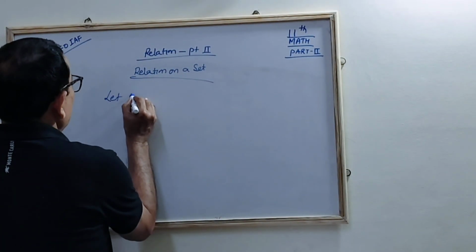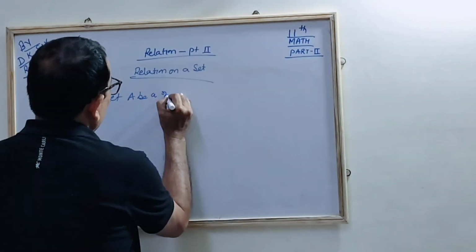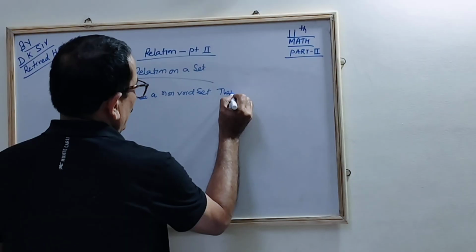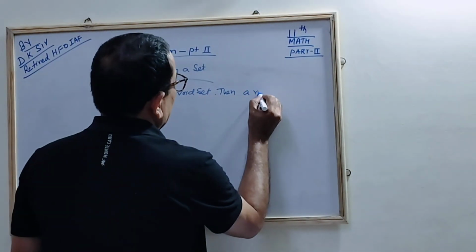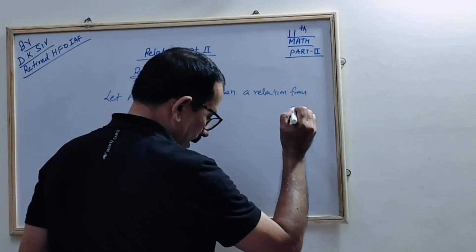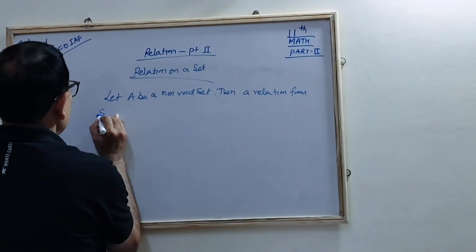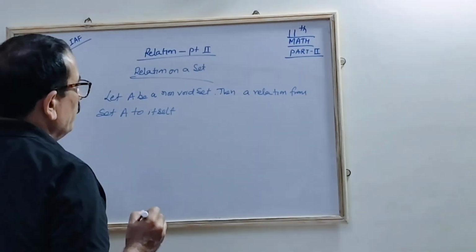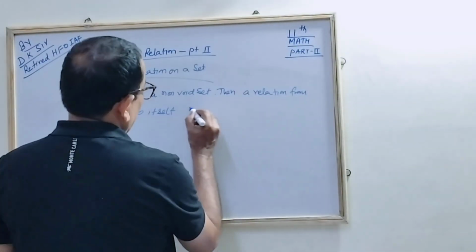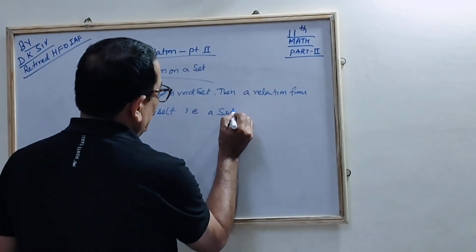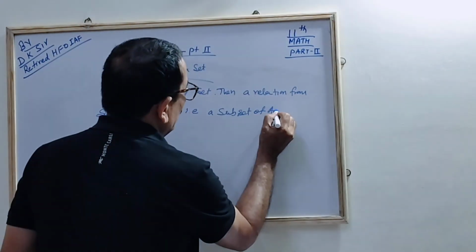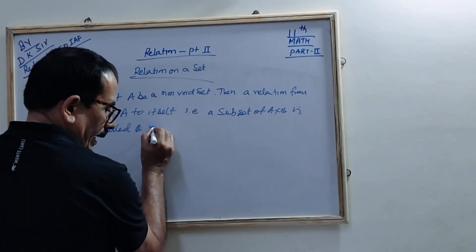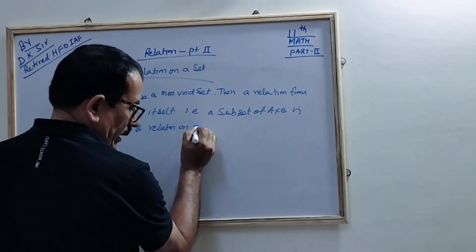Suppose A is a non-void set, then a relation from set A to itself, because there is no other set, you can say is a subset of A cross A, and it is called a relation on set A, correct?